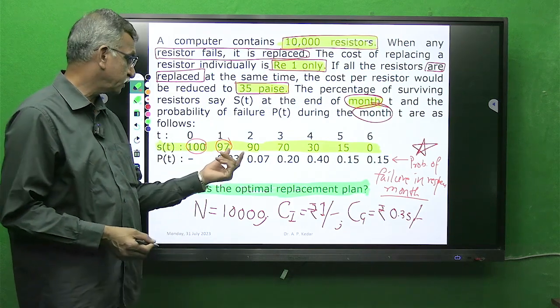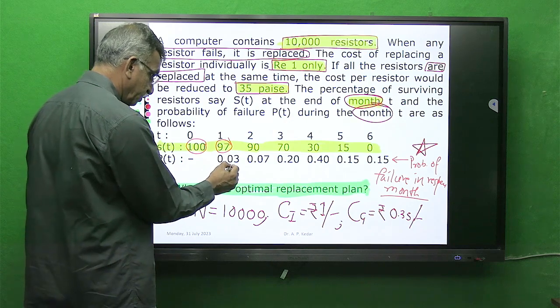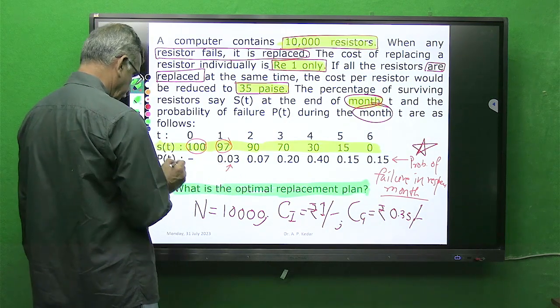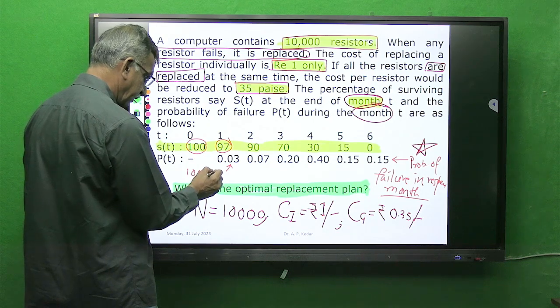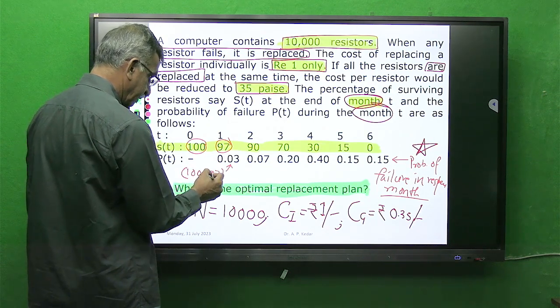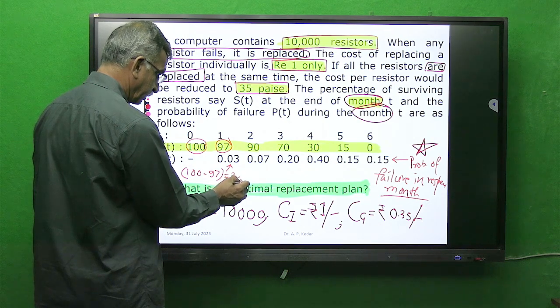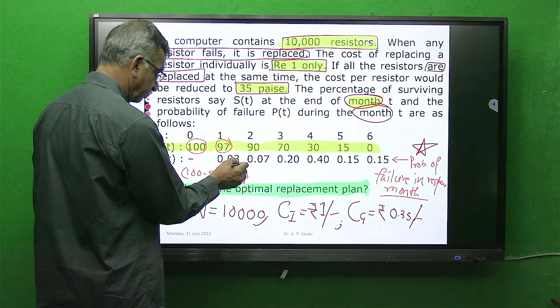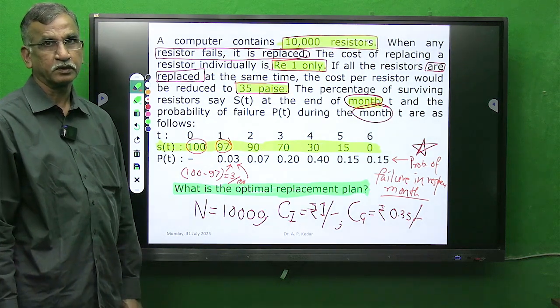So percentage wise it comes to 0.03. How is this 0.03 obtained? It is 100 minus 97, which is 3, and 3 upon 100 gives you 0.03.